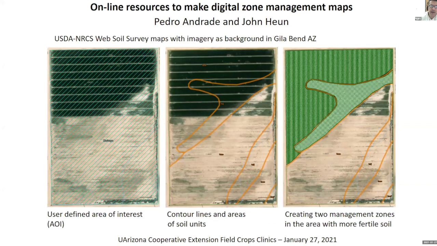So I am looking at the same field as I presented a couple of slides ago, where I defined the area of interest on my own. Click of the mouse, boom, you have this area defined. And then I asked the online software to give me the soil survey units for that particular field, only for that area of interest. That's the image in the center.